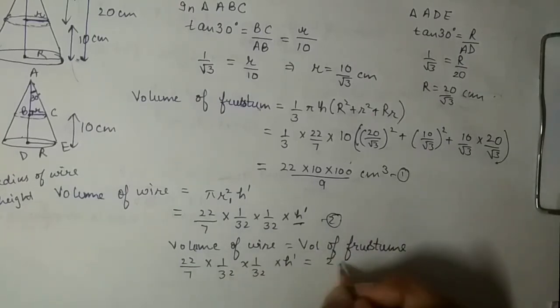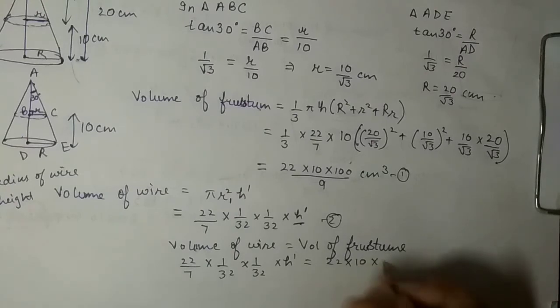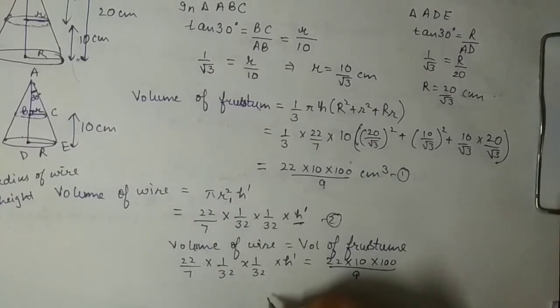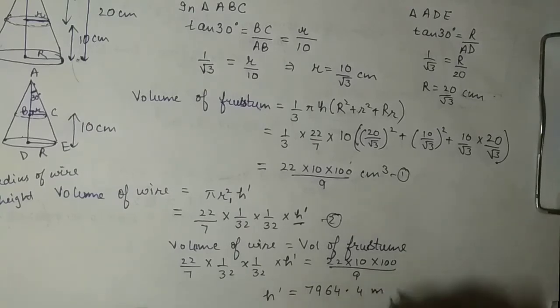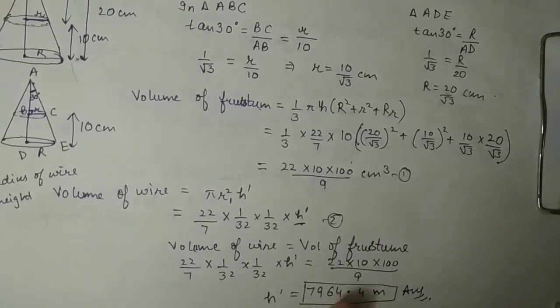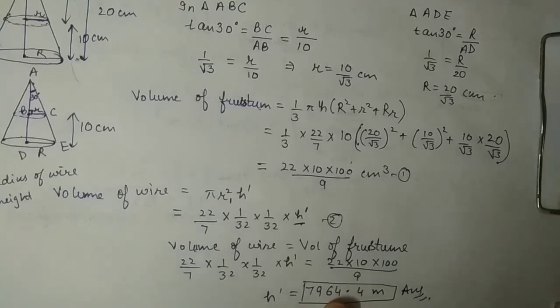This is equal to 22 into 10 into 100 upon 9. So from here you will get h dash equal to 7964.4 meters. You will get it in centimeters and you will convert it into meters. You can leave it in centimeters as well. So this would be your answer.